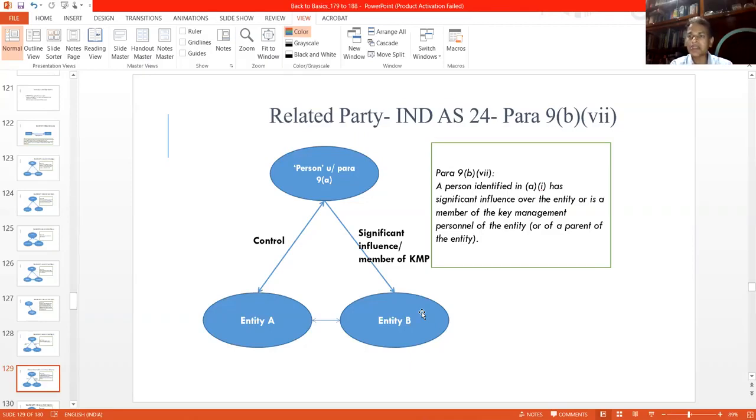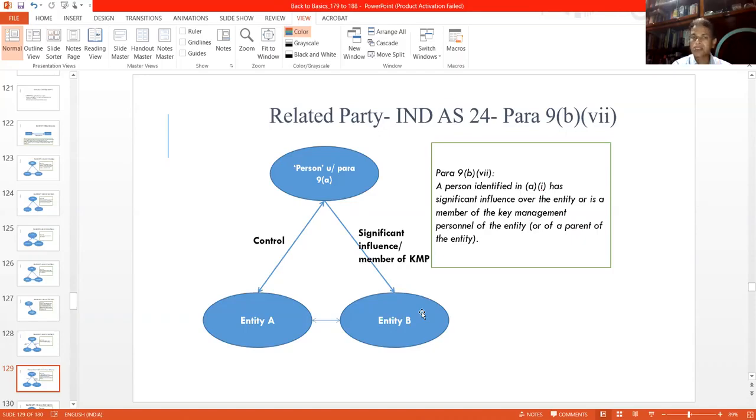The way they're structured, they fall outside the purview of the RP definition. We have so cleverly structured the shareholding that somehow we are able to put it outside the RP definition.